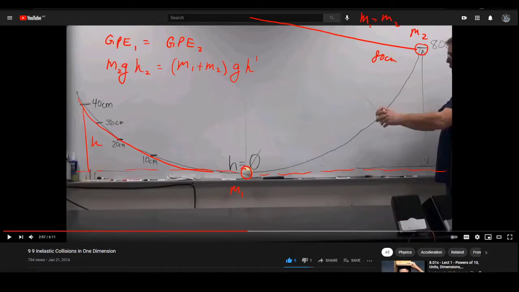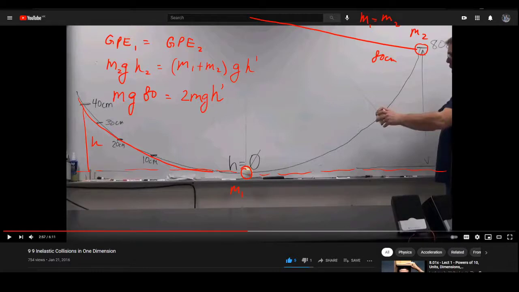Here we've got m2, which is, let's just put it as m, and m1 plus m2 is going to be 2m, because again they are identical. G, I'll keep it here. H will be 80 cm, so I'll keep the unit as cm and substitute this as 80, and I want to find h prime, the new height. Oh sorry, I've missed out the g as well.